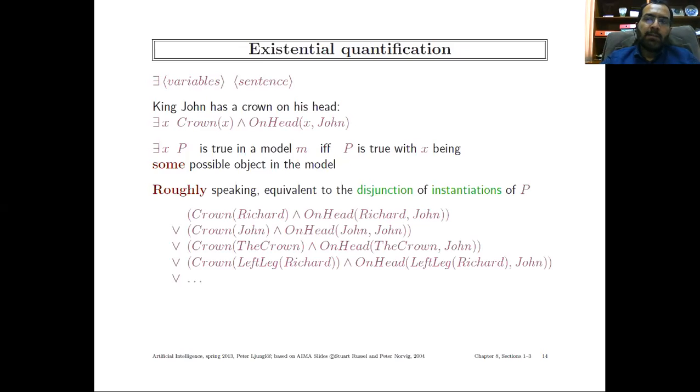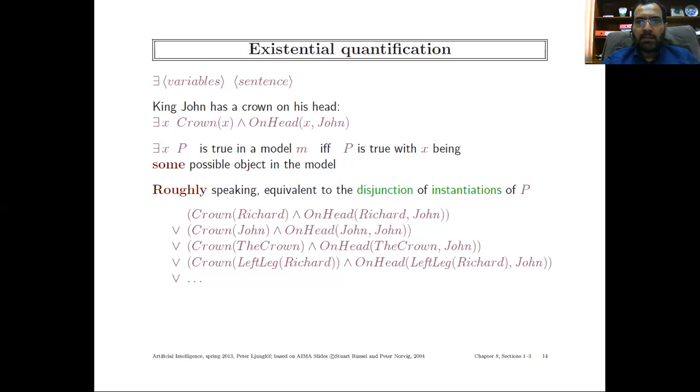The other quantifier is called the existential quantifier. It is represented with this symbol. Then you have again the same thing: a variable, maybe one variable, maybe more than one, and then the sentence. For example, the sentence is that King John has a crown on his head. It is not true for everyone.